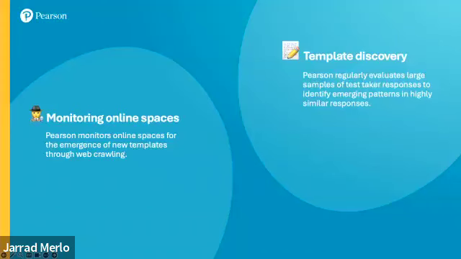And number two, and this is where it gets really interesting, Pearson also analyzes large numbers of responses and compares them to each other to spot highly similar or densely identical patterns. Do you understand what that means? That's crazy.